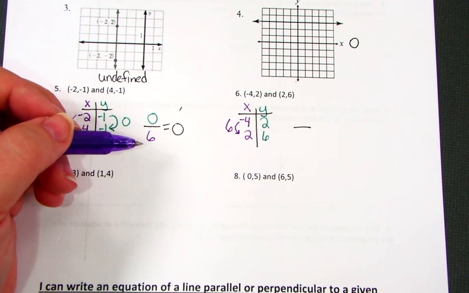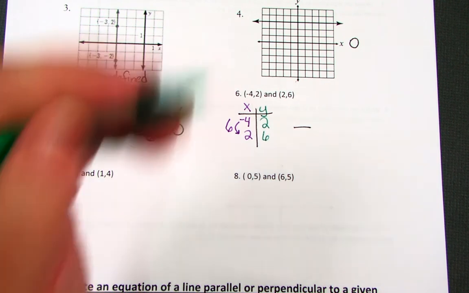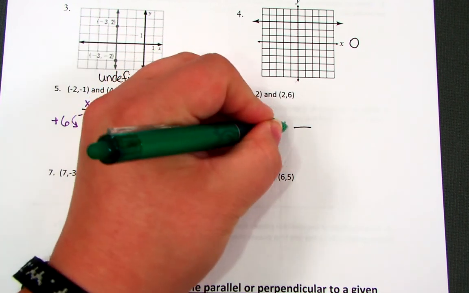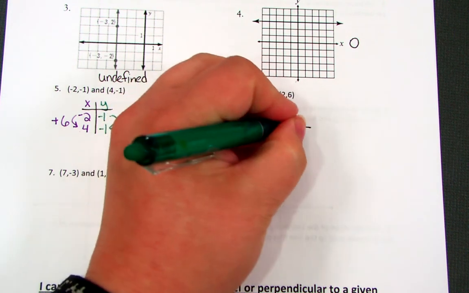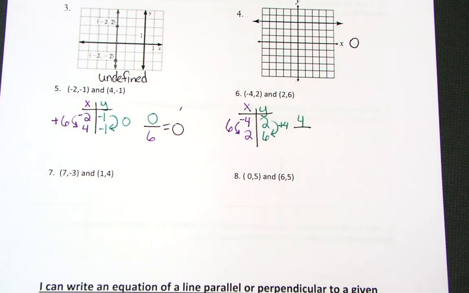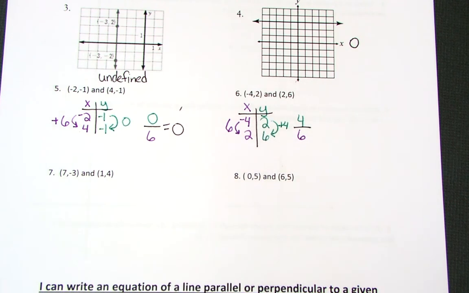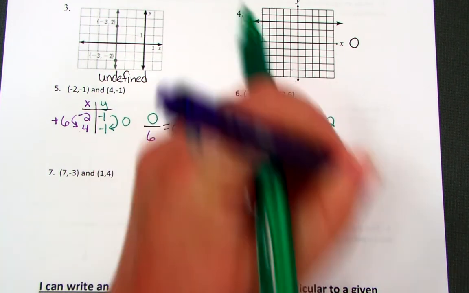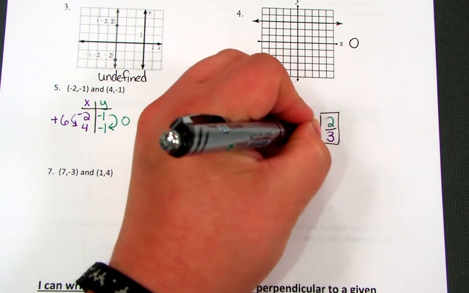It wasn't on purpose. Apparently, I was just really channeling the number 6. How do I get from 2 to 6? I go up 4. So 4 is my Y value. It goes on top. 6 is my X value. It goes on the bottom. There's my slope, but I can reduce. And I reduce that to just 2 over 3. So my final answer is 2/3.